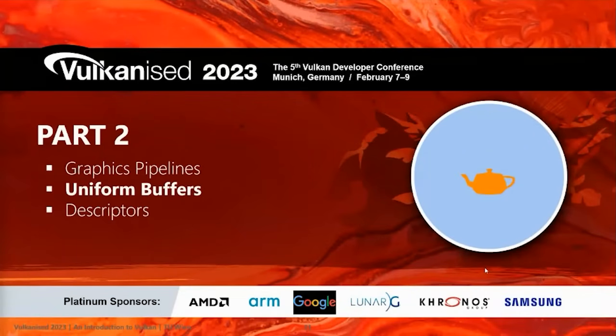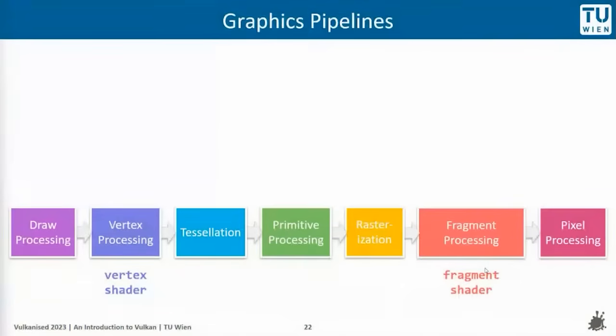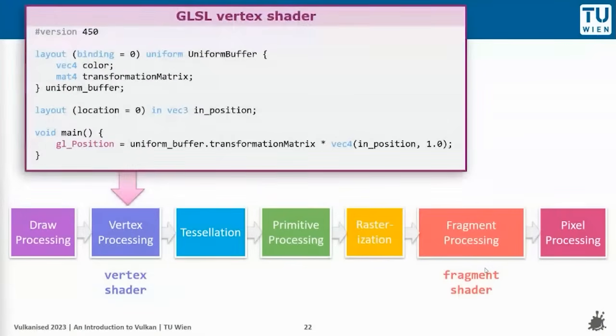Uniform buffers are those which we would like to use to contain our information for the shader programs, like for example a transformation matrix or a color value or other parameters. So how does this work? We can see here the code of a GLSL vertex shader program, and these resources are always assigned to a certain binding specified through the layout binding ID.